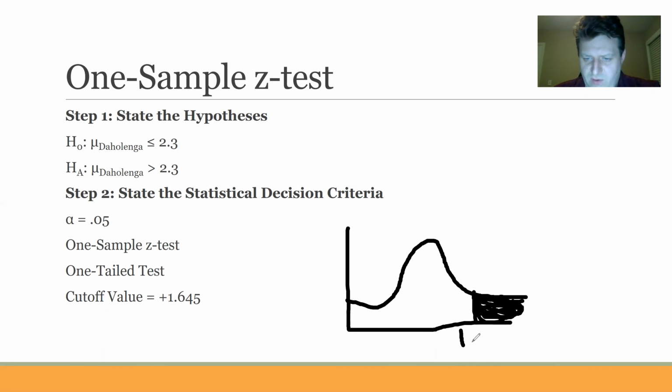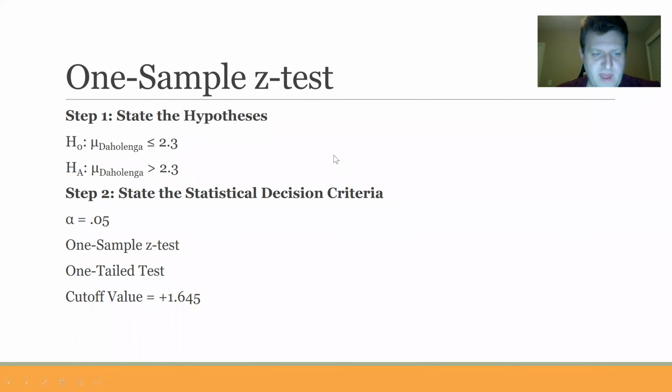Remember, this value is positive 1.645. And the probability, if the null hypothesis were true, that we would reject the null is 0.05. That is our type 1 error rate. That is our alpha. Just a little bit of review there. You can never have too much of that.